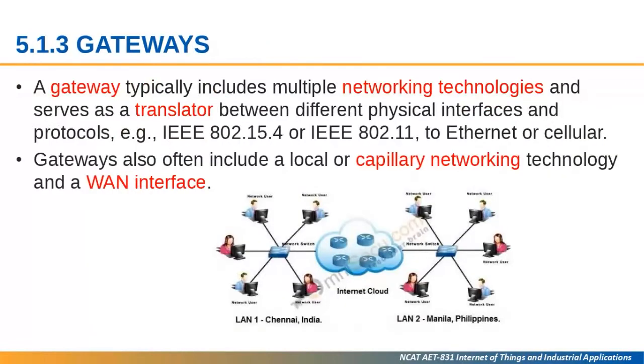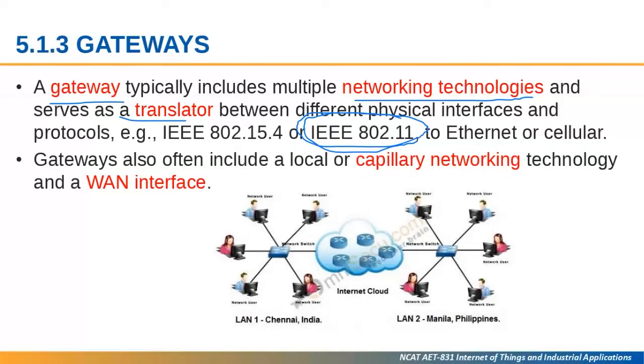Just now we mentioned that most of the time we need gateways to connect the basic devices to form a capillary network. A gateway typically includes multiple networking technologies and serves as a translator between different physical interfaces and protocols. So for example, IEEE 802.11.